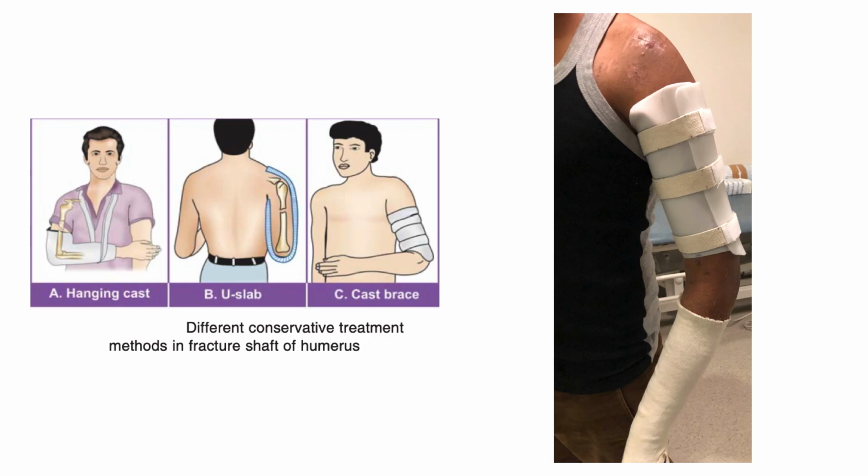Further, you have the functional cast brace, which is also known as Sarmiento. Basically, this uses muscular force to both reduce and retain the fracture. So muscular force is used to both reduce and retain the fracture.